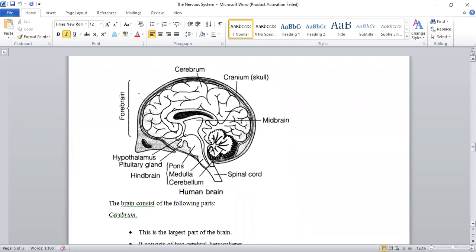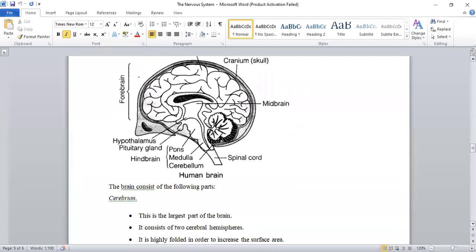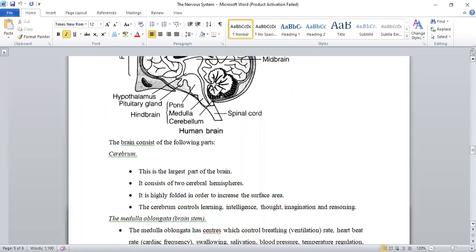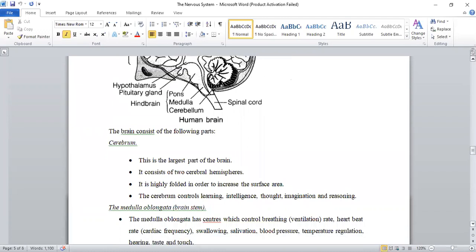After infection, what we usually have is inflammation, that is the swelling. Once the meninges swell, it means you have to take antibiotics for them to recover. So that is basically the outer part of the brain.